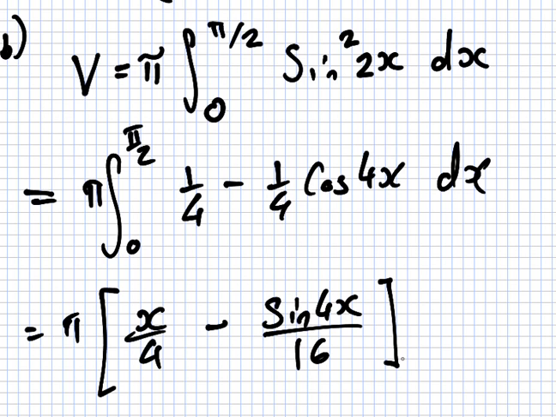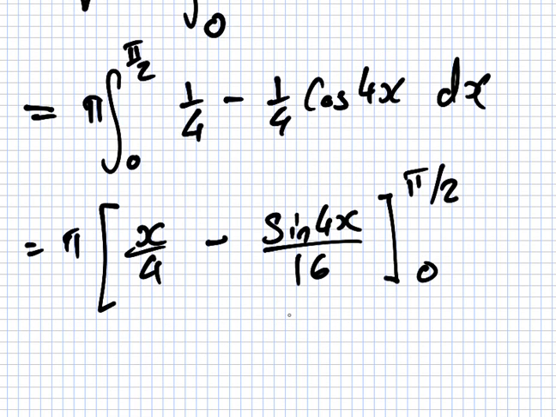You divide by 4 when you integrate. Now, if I put 0 in, I get 0 and 0, so I definitely don't care about that. I'll just care about the pi over 2. Pi over 2 over 4 is pi over 8. Sine 4 pi over 2 is sine 2 pi, which is 0.